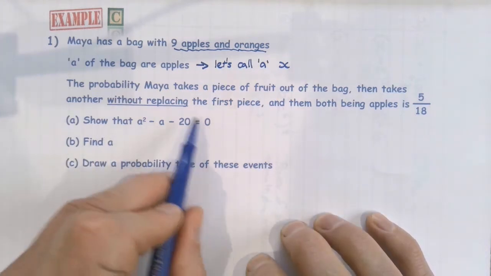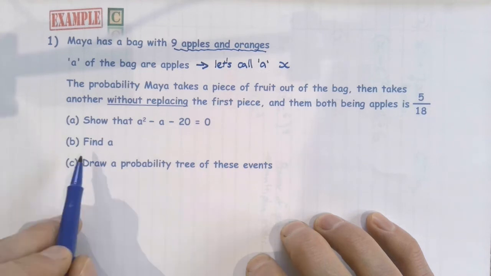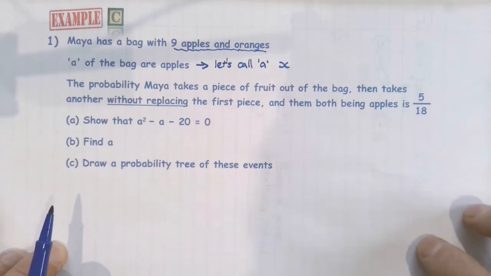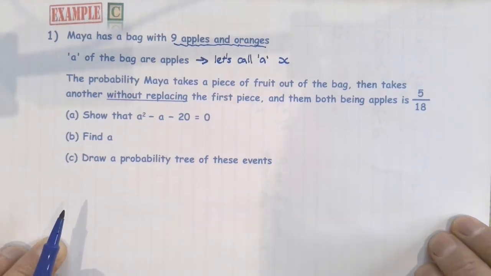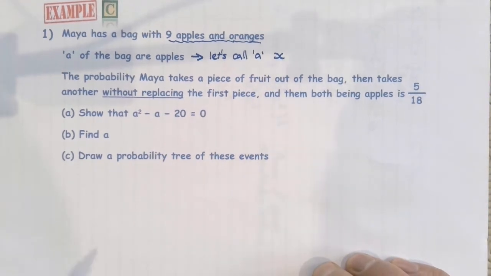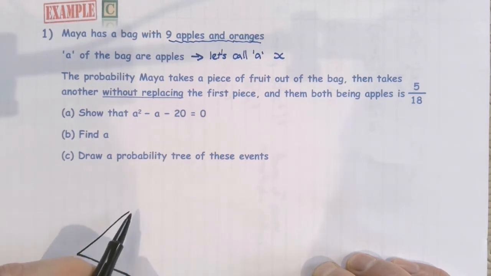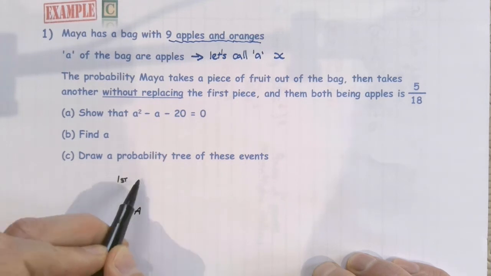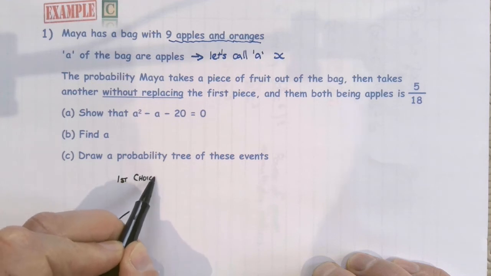So we're asked to show that we've got a quadratic here, find A, and then complete the probability tree. So I'll show you how that works. So let's start out with our probability tree. We're going to draw the first choice. So we've got apples and oranges, and this is the first choice.